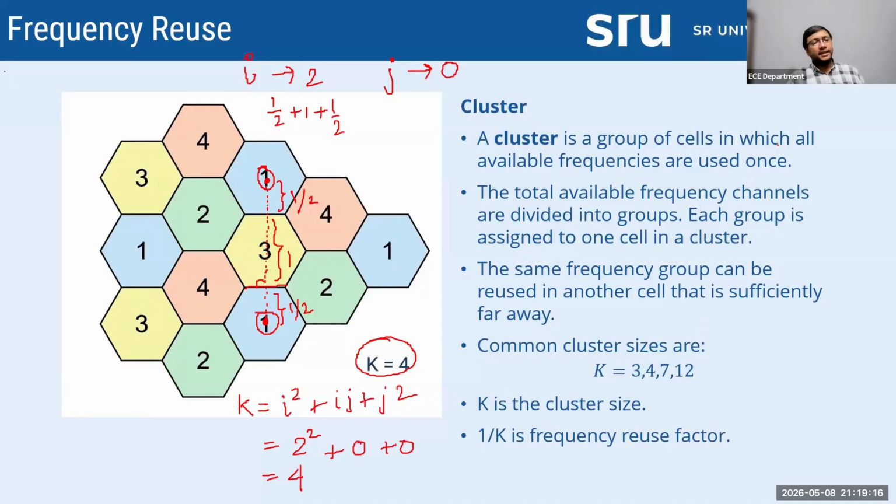So that is why I is equal to 2. And it does not contain any bending, so that is why there is no J line. So the value of J is 0. So I square plus IJ plus J square becomes 2 square plus 0 plus 0, which is equal to 4. Okay.